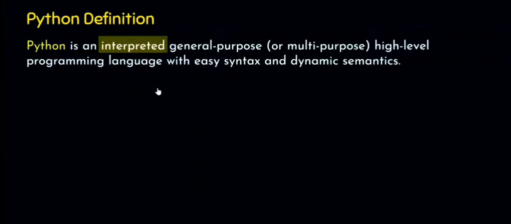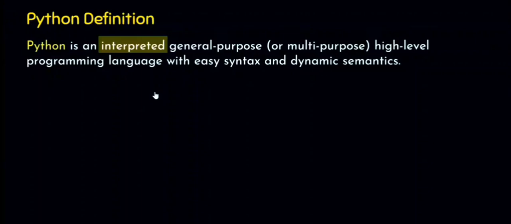There are two types of programming languages. One is called interpreted programming language and the other one is called compiled programming language. An interpreted programming language is a language which uses an interpreter for its translation. On the other hand, a compiled programming language is a language which uses a compiler for its translation.